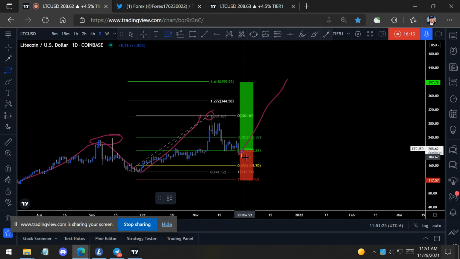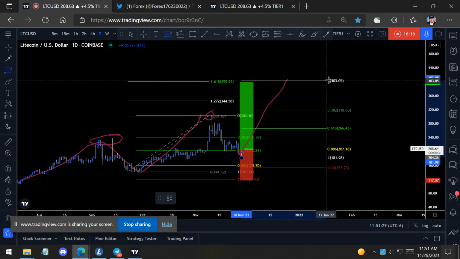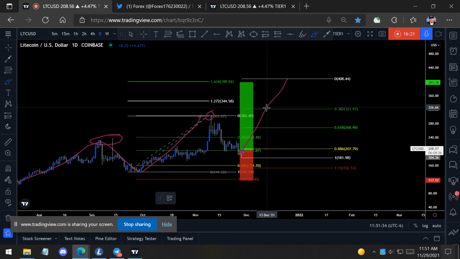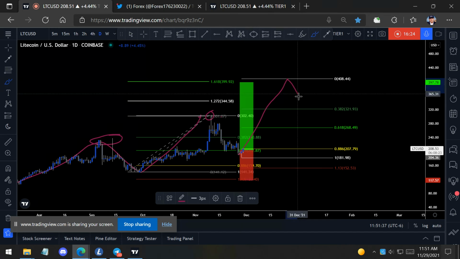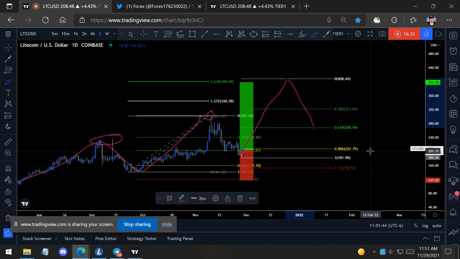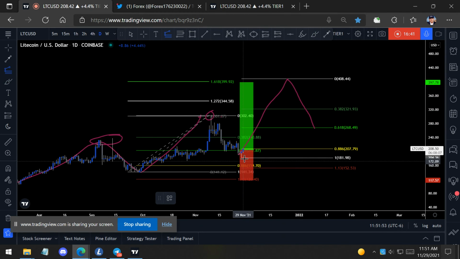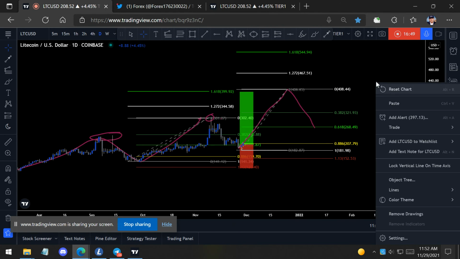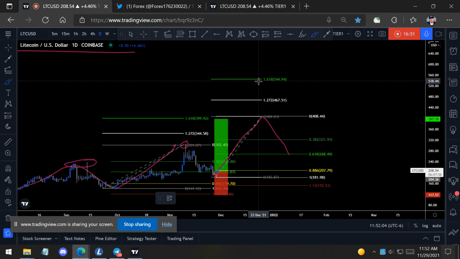If we just push straight up from here, perfect world, push up to 400, then we could look for a pullback to 268, because we know at this price it gives us a minimum risk reward profile of 1 to 1. It allows us to shoot for extended targets. Take profit 3 would be the 1618 up here.